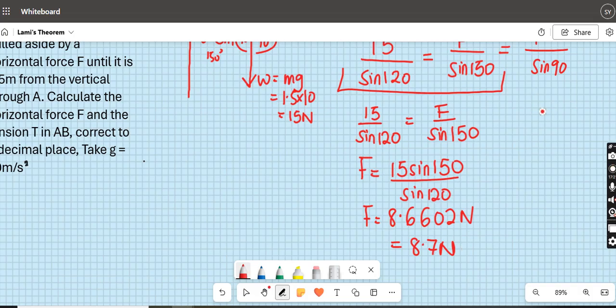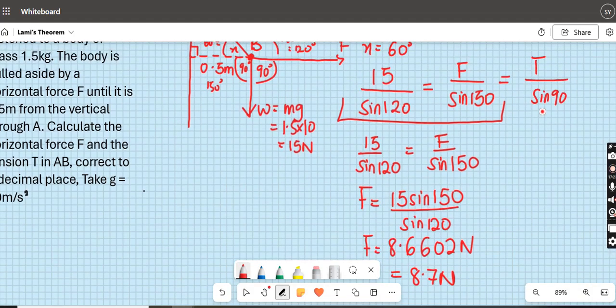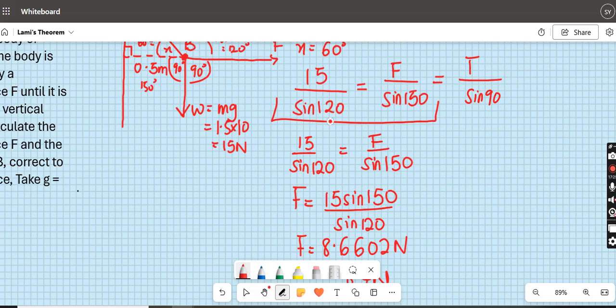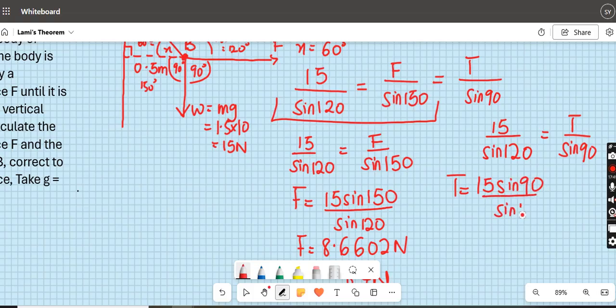Yes. Now let's take the second part. We'll take 15 over sine 120 and equate it to T. 15 over sine 120 is equal to T over sine 90. So T is going to be 15 sine 90 all over sine 120.